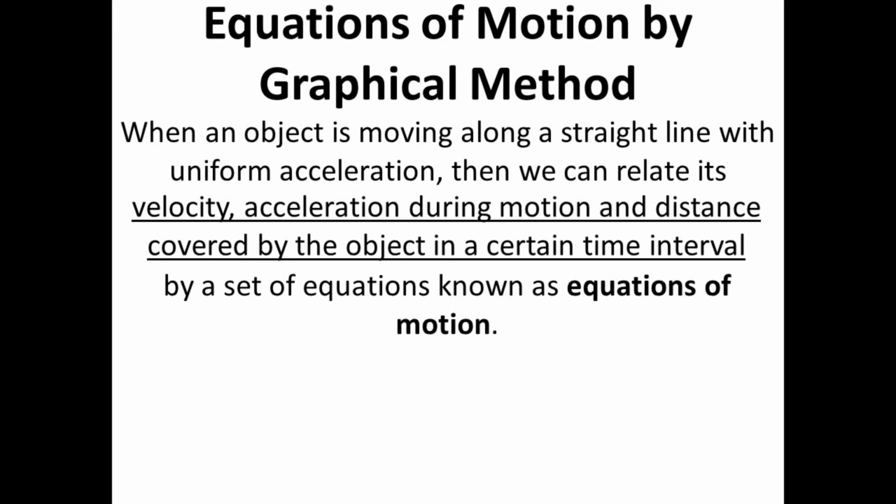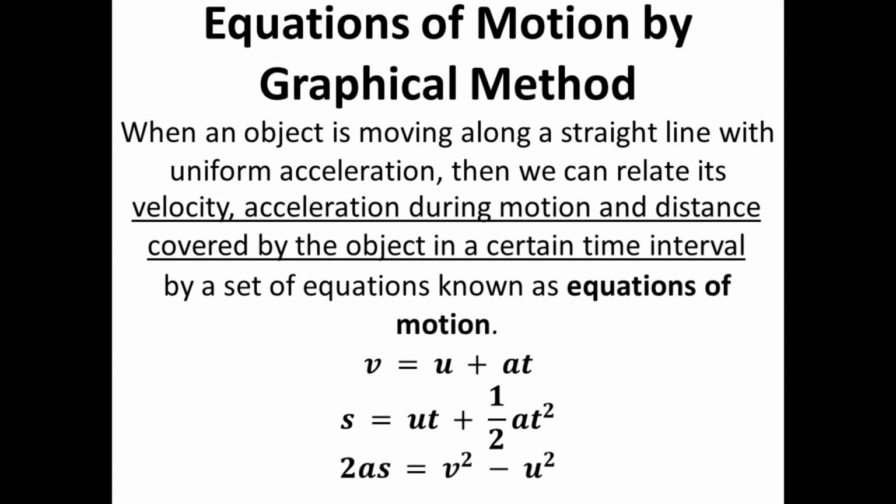There are three equations of motion. First is v equals u plus at, which is velocity time relation. Second is s equals ut plus half at square, which is position time relation. And third is 2as equals v square minus u square, which is position velocity relation.